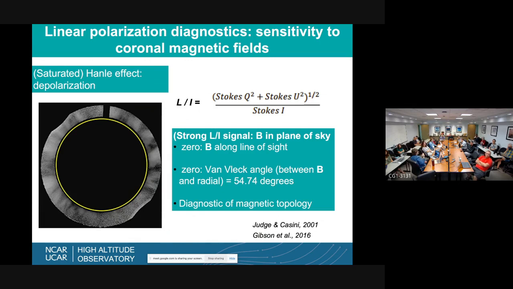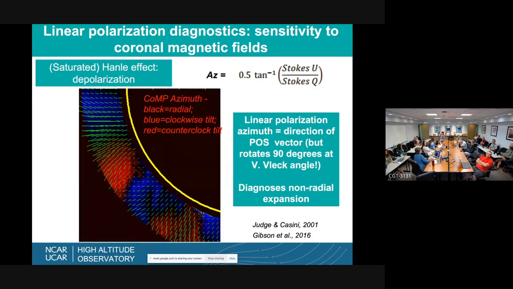So it turns out to be a diagnostic of magnetic topology. It's something Ula said the other day, exactly, that if we didn't do forward modeling, this would just be a bunch of blotches. Honestly, it's really hard to look at this gray linear polarization image and say, oh yes, I know what's happening here. The forward model is really important for understanding that.